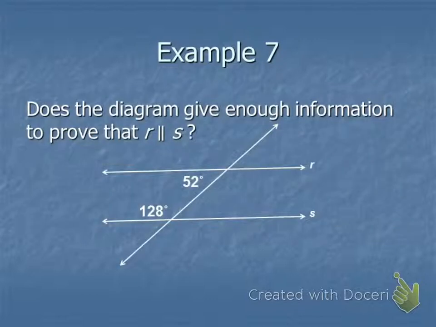All right. Time to pick up those pencils. Draw this diagram. This one's a hair different. Instead of giving us some symbols, they're giving us some measurements. And they're saying, well, are these lines parallel?